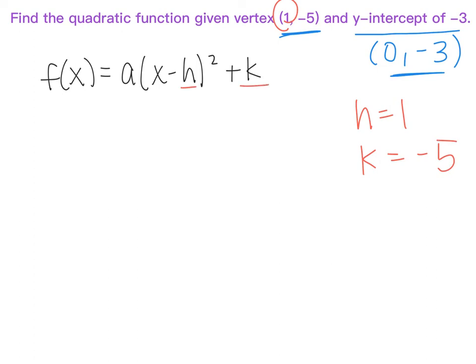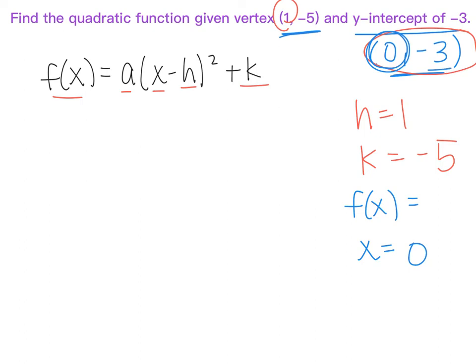But then I also have this f of x, this a, and this x. That's where this second point, or this y-intercept of -3 point, is going to come into play. That's going to give me my f of x value and my x value. Now my x value is going to be 0 from this point here, and then my f of x, or my y value, is going to be -3.